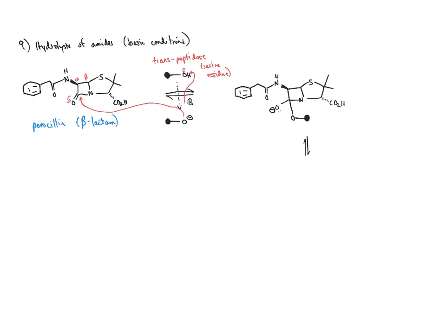Loss of the leaving group here will be the amine. In this case, we normally don't think of N minus species as being good leaving groups, but remember, we are opening up this 4-membered ring, so there's a lot of ring strain that is allowing the system to compensate for the weak leaving group that we have. And so we get this species.